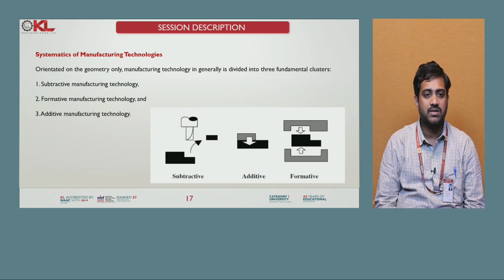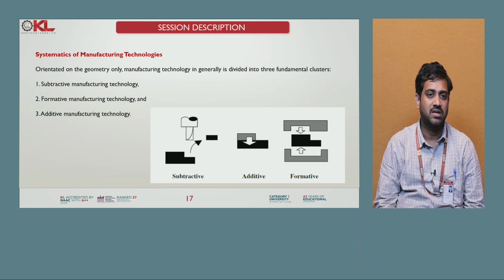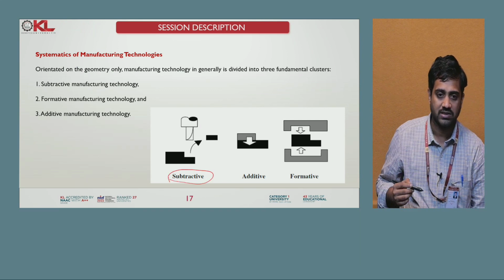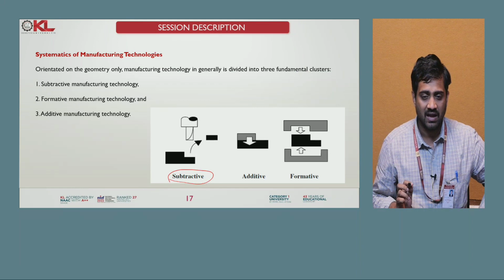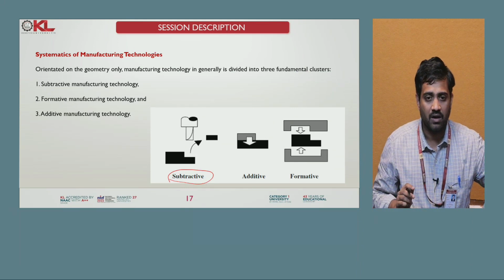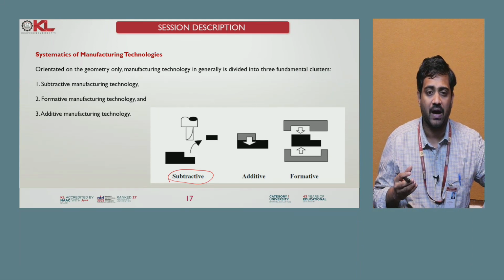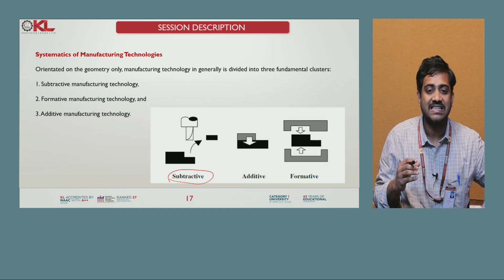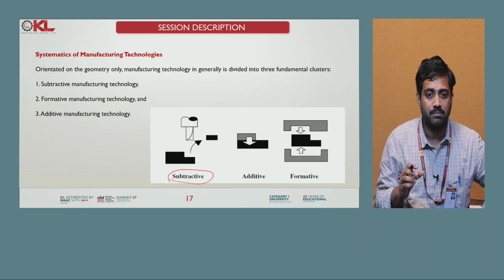Next we'll go to the systematics of manufacturing technologies. Based on the geometry orientation, manufacturing technology processes are generally divided into three fundamental clusters. The first one is subtractive manufacturing technology. Subtractive means the final shape of the part is obtained by removing the excess or unwanted material from the part.